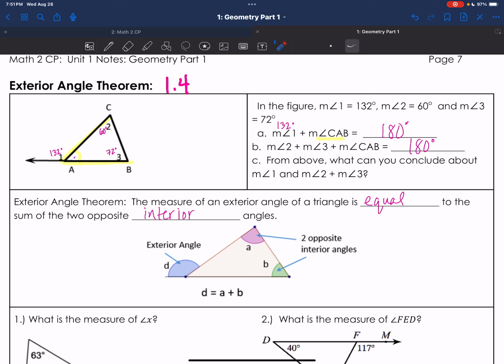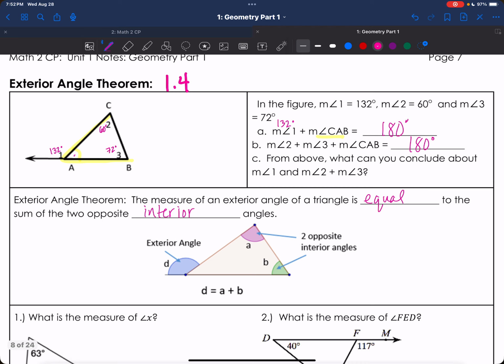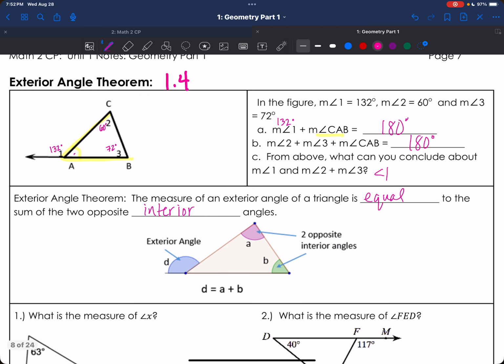So if I were to say the measure of angle 1, which is this outside angle of 132, and M2 and M3 right here, what I would notice is that the measure of angle 1 is equal to the sum of angle 2 and angle 3. And that's basically your exterior angle theorem. It's the shortcut for finding whatever your missing angle is there.